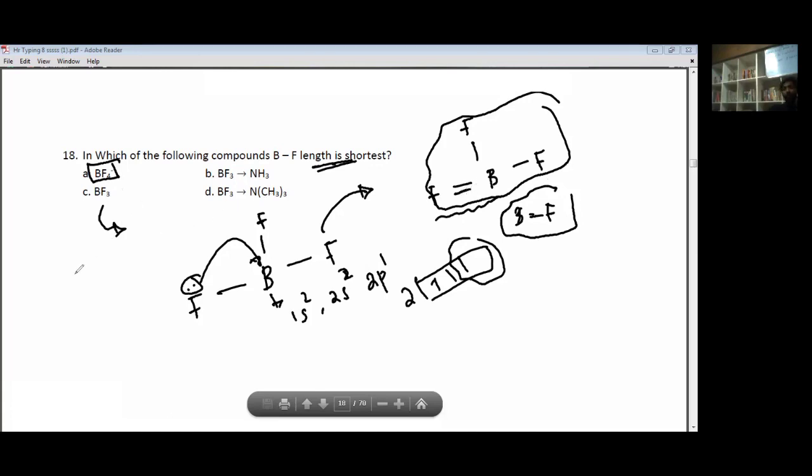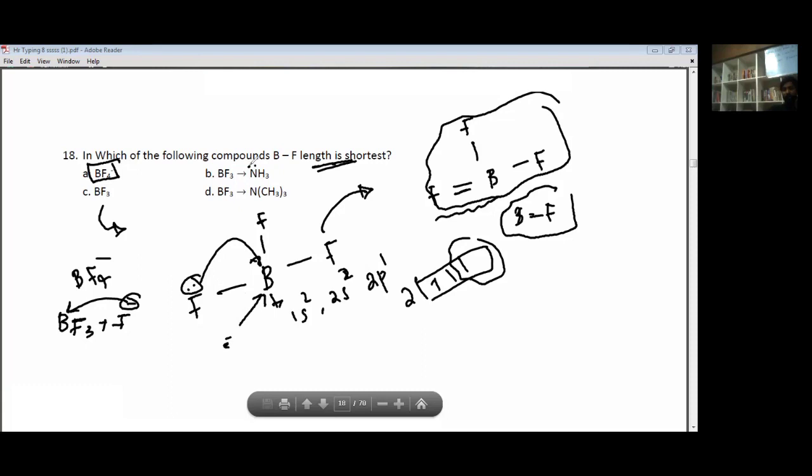Then what about BF4 minus? BF4 minus is BF3 with F minus. F minus donates an electron pair to the boron, so if this orbital is filled with an external electron pair, there is no chance for back donation.